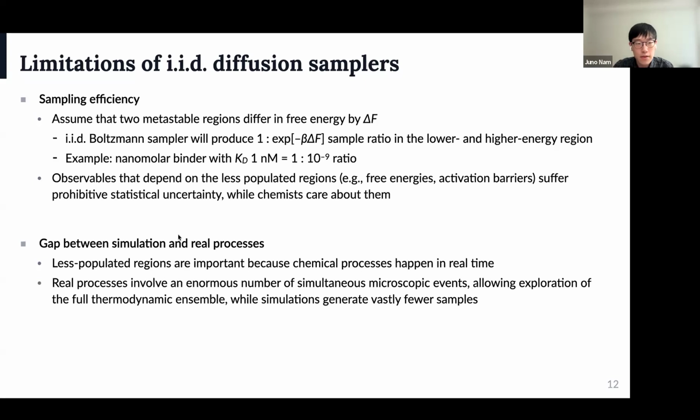And those kinds of correlated samplers will generate vastly fewer samples than what the real-life physical sampler is producing. So essentially this gap has to be filled by non-IID sampling, which also motivates enhancing the diffusion sampler, some kind of enhancing algorithm that augments the diffusion samplers.